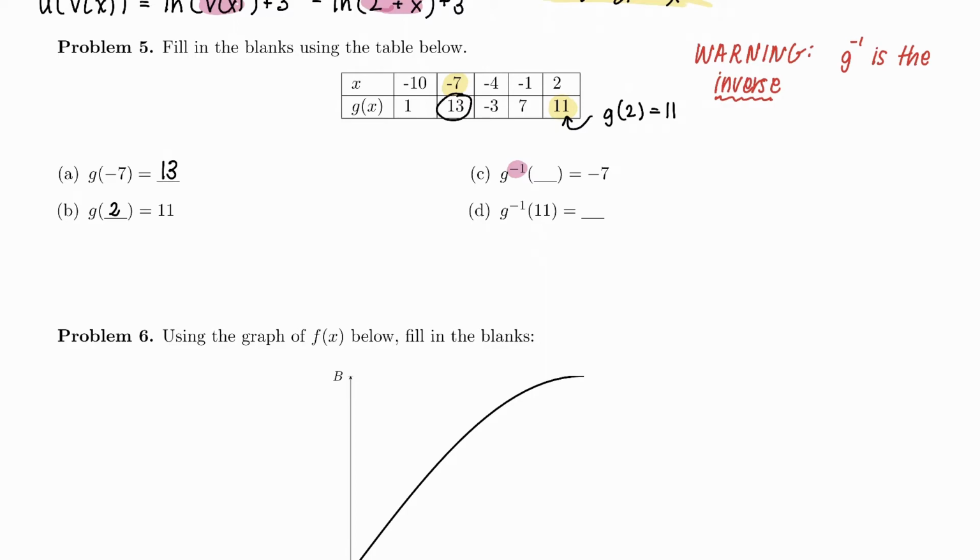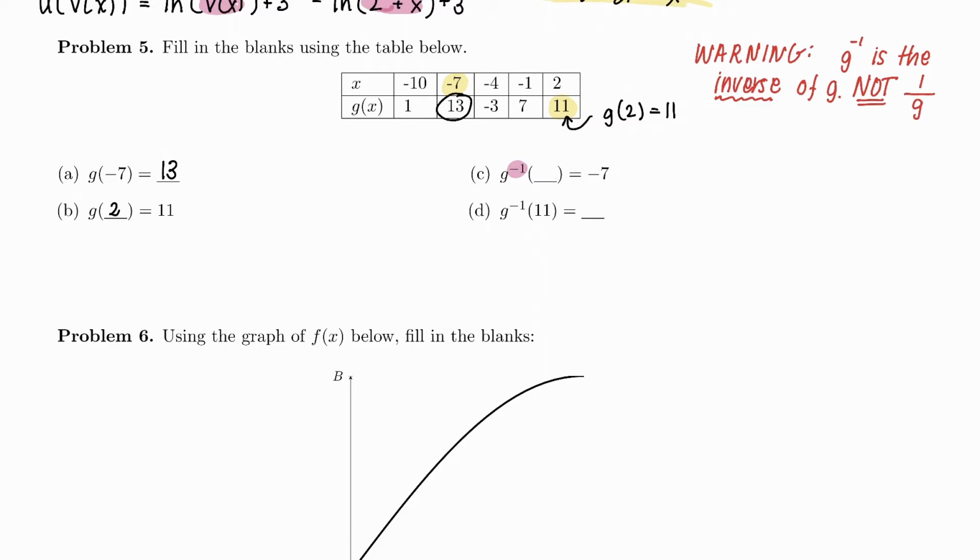I guess it'll be section 4.6, day 2. But g to the negative 1 is the inverse of g, not necessarily 1 over g. So we need to be really careful with that.